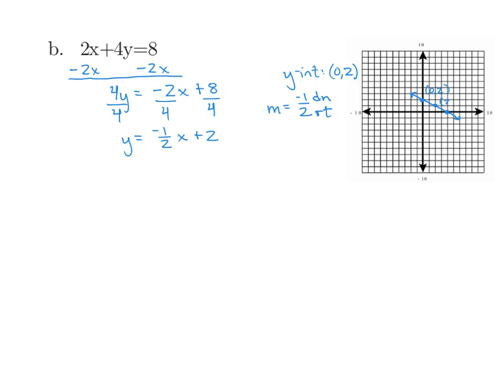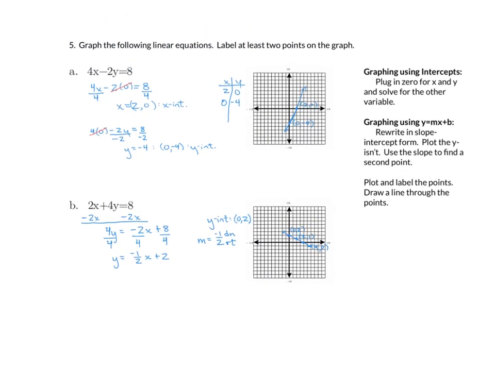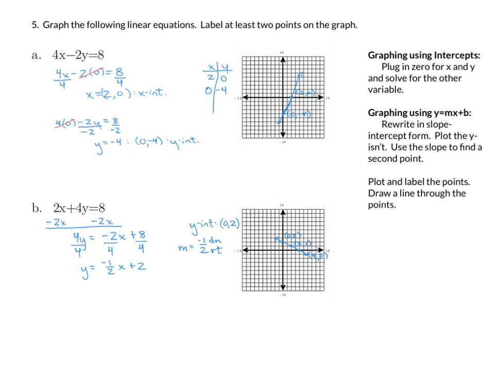Another point on the line is 2, 1. And that's all you need, but if you want, you can always label a third one. If you want to check using the intercept method, we should get that the x-intercept is 4, 0. All right, so that takes care of graphing linear equations. Let's go ahead and see what else we're going to be required to do.